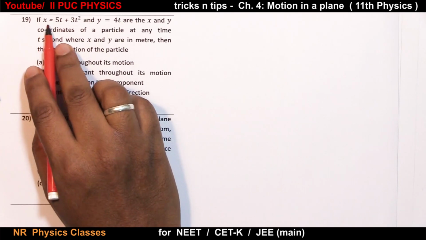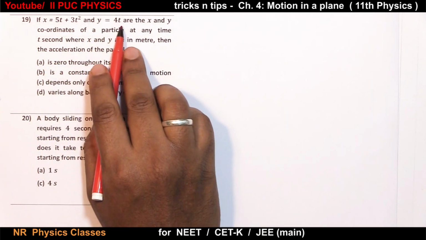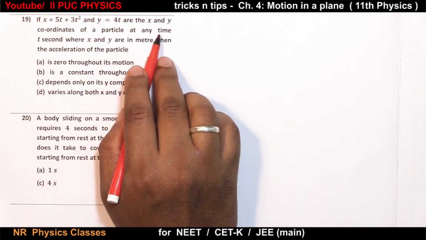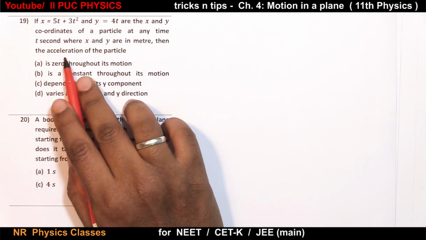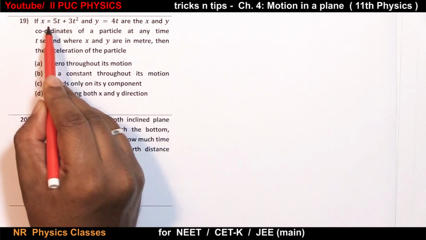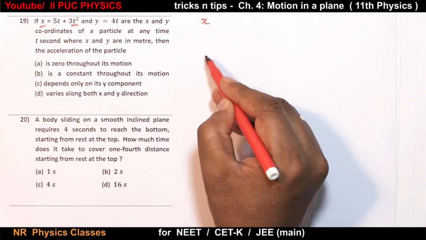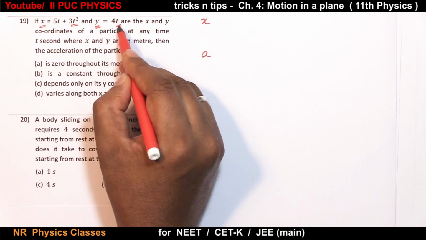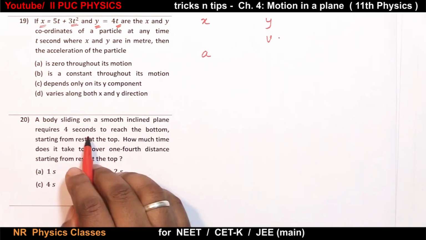Okay. If x equals 5t plus 3t square and y equals 4t are the x and y coordinates of a particle at any time t, where x and y are in meters, then the acceleration of the particle is. Observe the equation. Displacement with t square means x has acceleration. In the second equation, y with only t means y only has velocity.